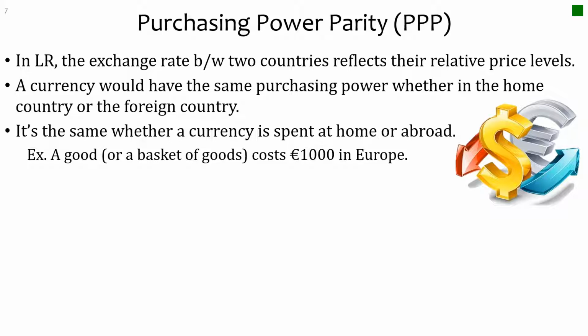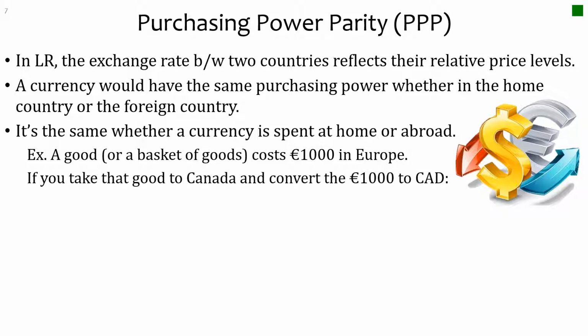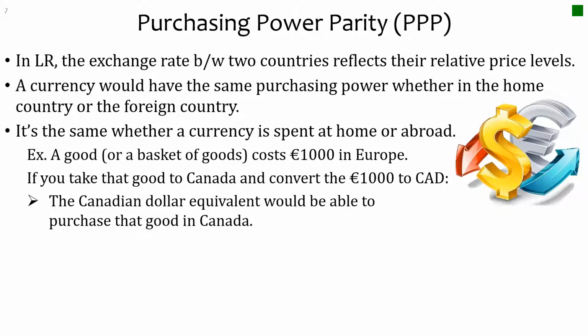Let's say you have a good, some item, or a basket of goods that costs 1,000 euros in Europe. If you take that good to Canada and you convert the 1,000 euros to Canadian dollars, then the Canadian dollar equivalent would be able to purchase that good in Canada, right?